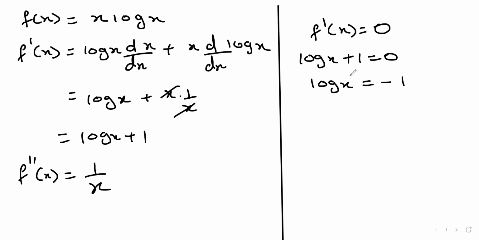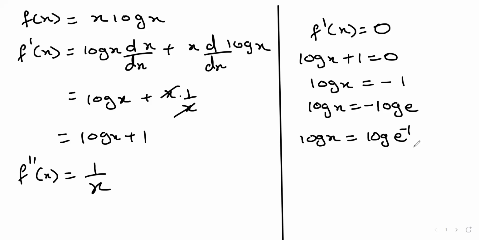Now from here it becomes a bit different. 1 is log e. So log x is minus log e, because the value of log e is also 1. So log x is equal to log e raised to minus 1. x will become e raised to minus 1. x will be 1 by e.